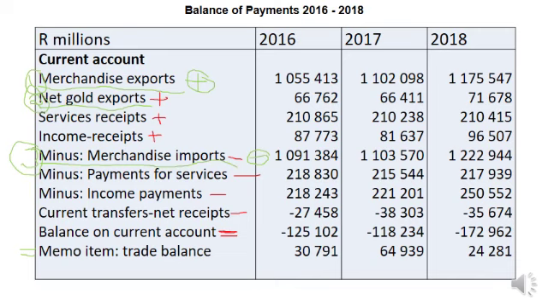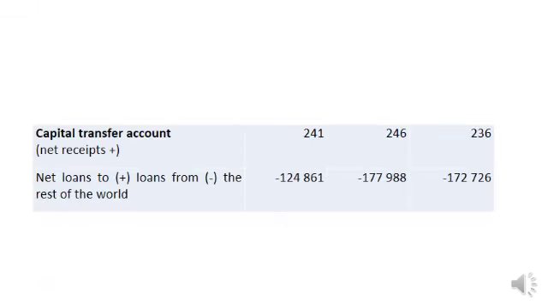Moving on to the next account, your capital transfer account. A capital transfer account is the smallest account in the balance of payments, not really examined, but basically it's used to record any capital transfers.